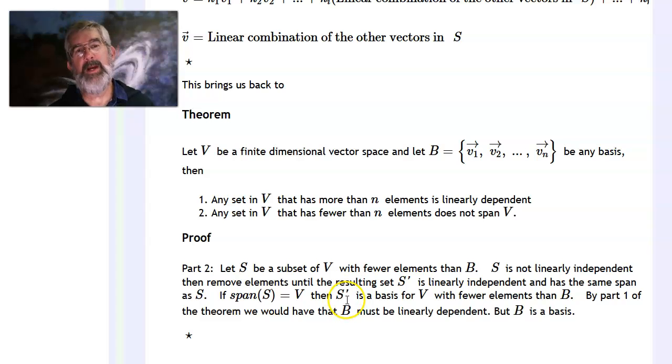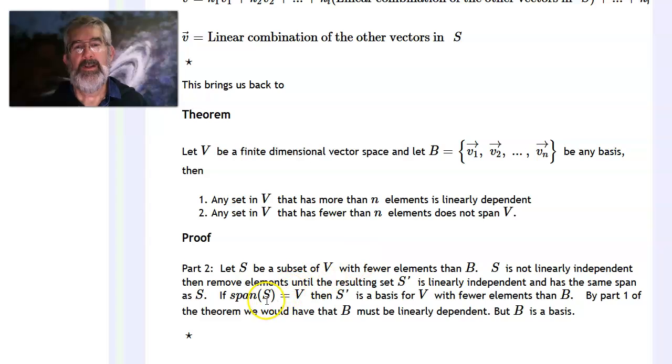But that would make S prime a basis for V. And now I can use part 1 to say that there's a problem here, because S prime has fewer elements than B does, which means that B has more elements than a basis. And if it has more elements than a basis, by part 1, it must be linearly dependent. But it can't be linearly dependent because it's a basis itself.